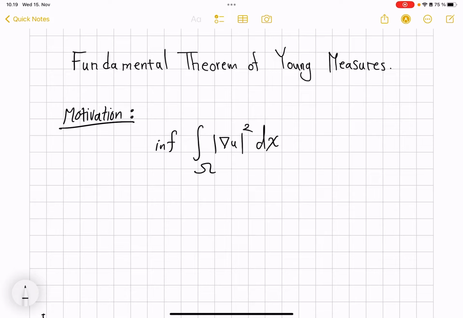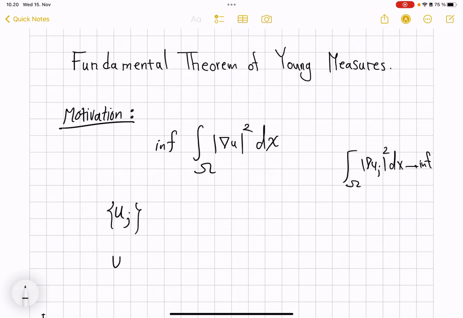So the infimum becomes a minimum. If you want the one function that minimizes this, then from the definition of infimum, there exists some sequence of functions so that this energy for them converges to the infimum quantity as j goes to infinity.